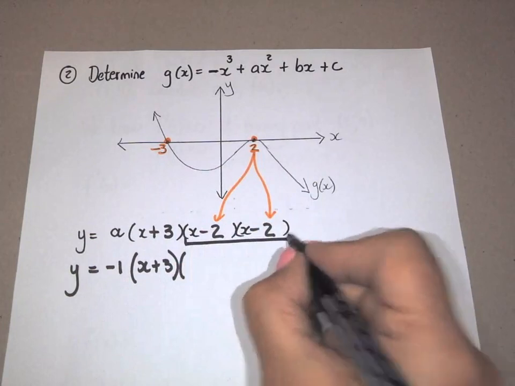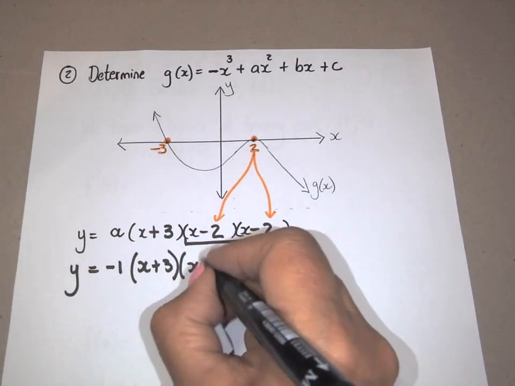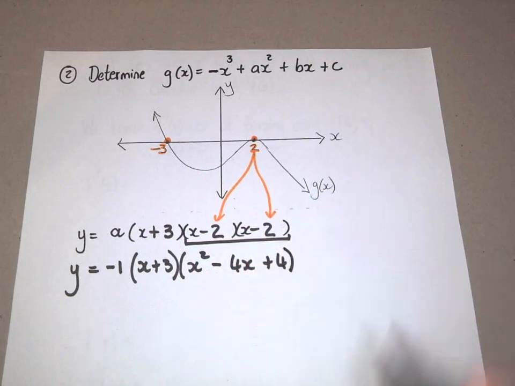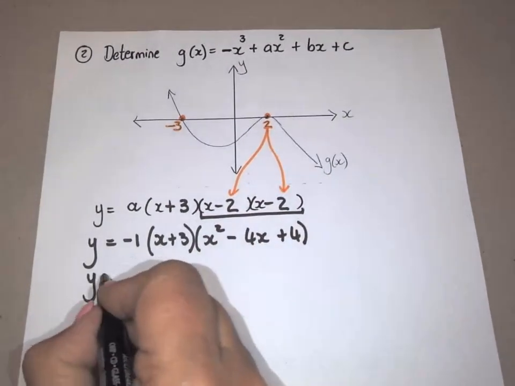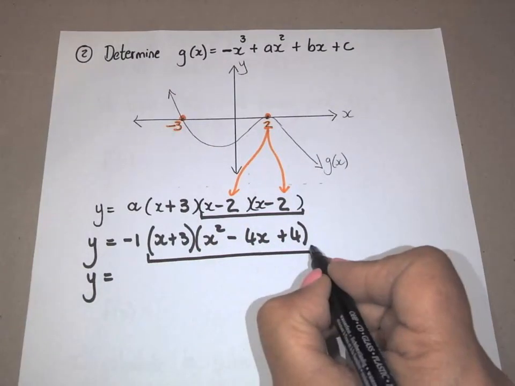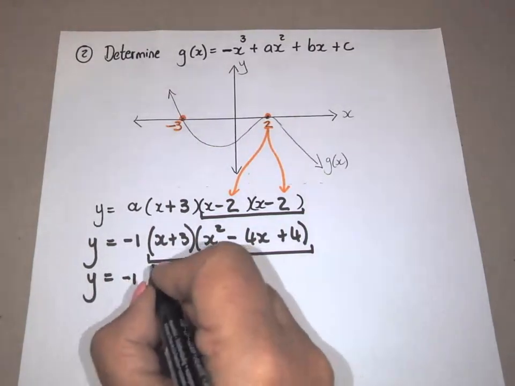First determine the trinomial. If you multiply those two brackets, it's x squared minus 4x plus 4. Then we are going to multiply this bracket into the trinomial. So the negative 1 stays outside of the bracket.